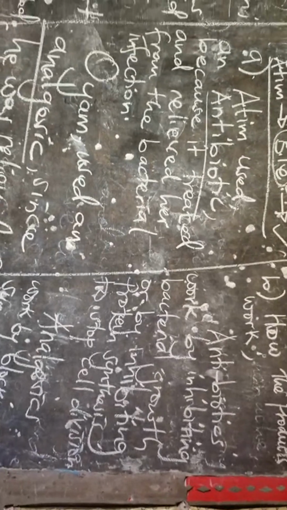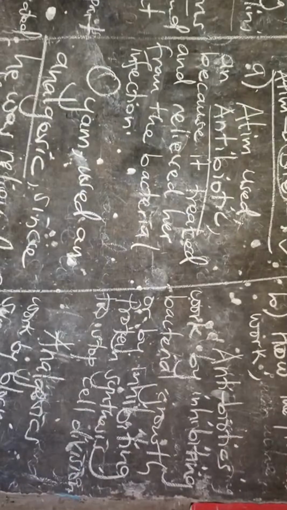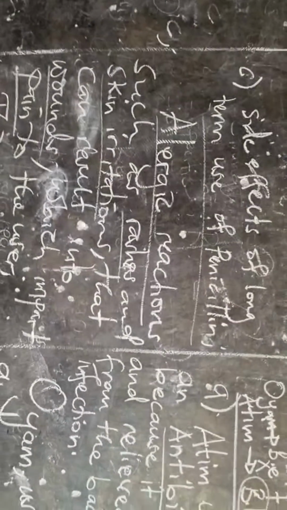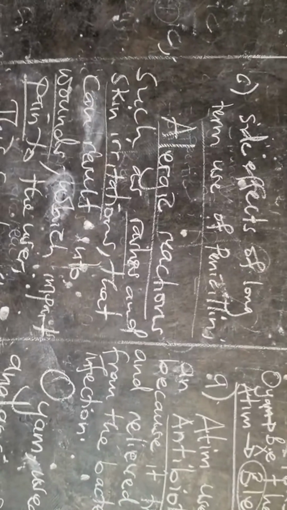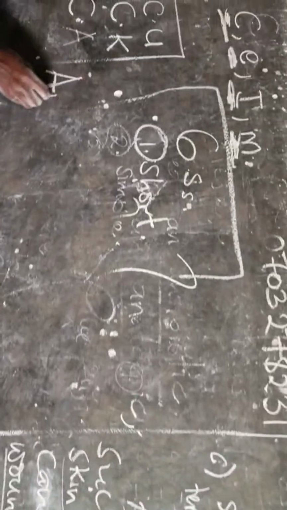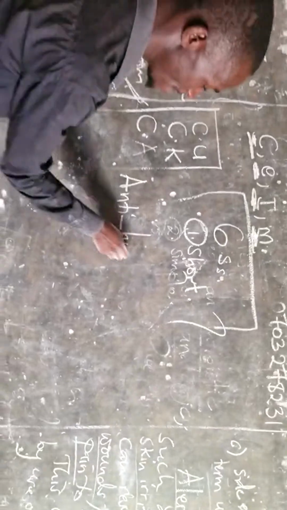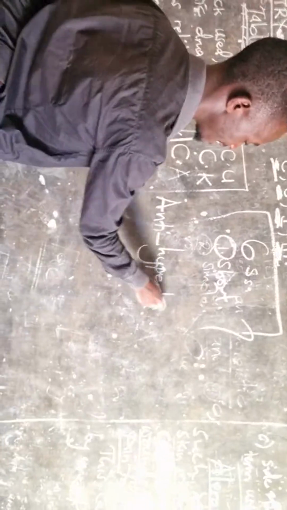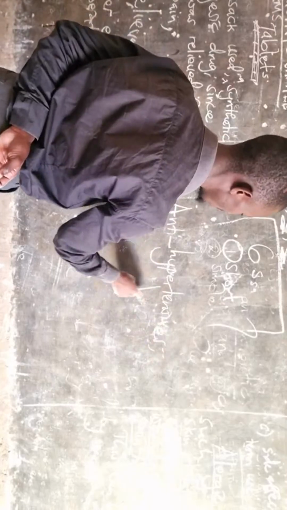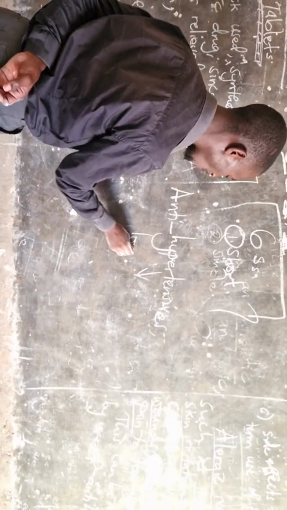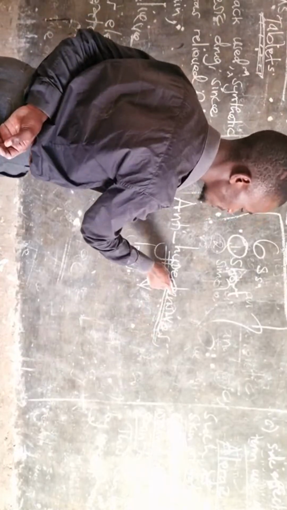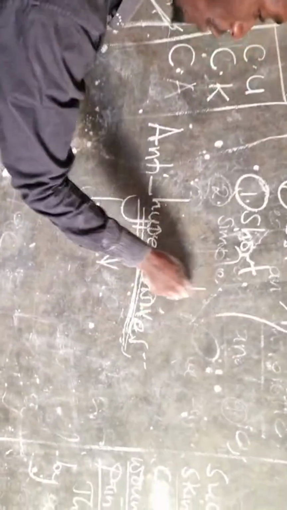Timothy is saying we did not talk about the antihypertensives. For the antihypertensives, we shall give the function only. The word hyper means high. Tensive comes from the word tension, which means pressure.